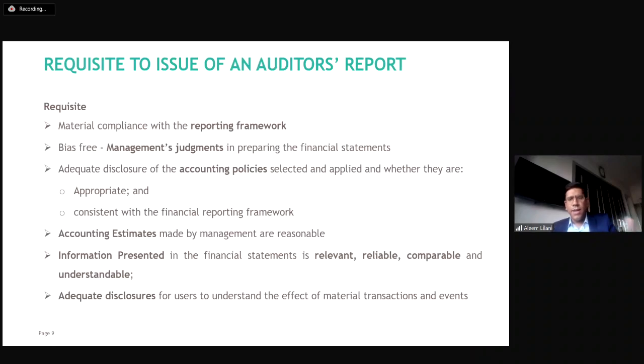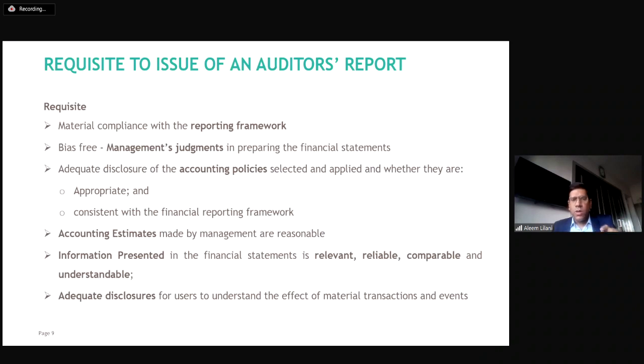Okay. The last one is the adequate disclosure for users to understand the effect of material transactions and events. While what I said recently already covers this, now I would like to explain to you how this can be used, how this responsibility puts us in an advantageous position. Now, if a client is not making adequate disclosure of a material event in his financial statements, and you as auditors sign off the financial statement, then it is considered to be a material misstatement in your audit report.